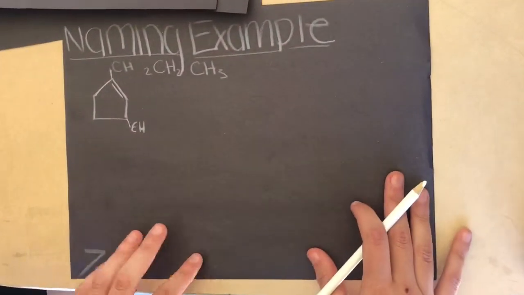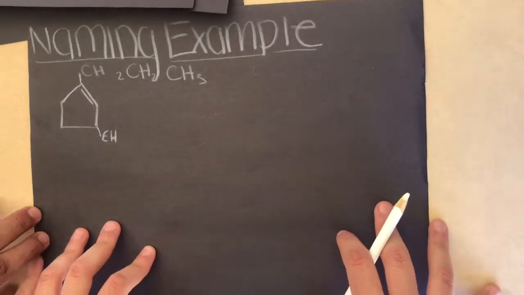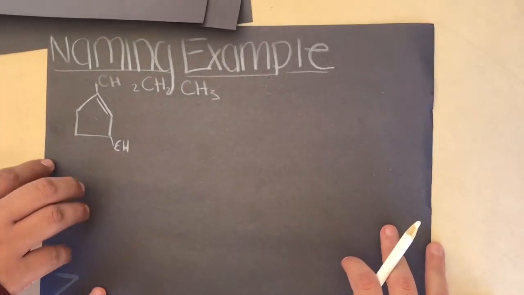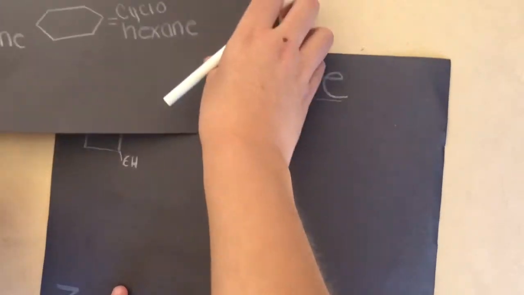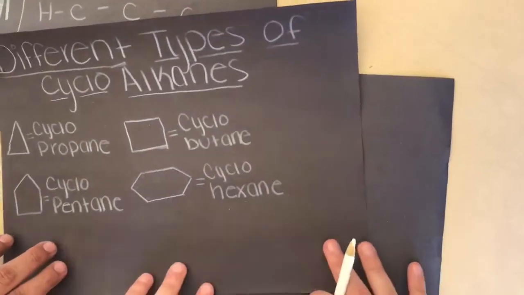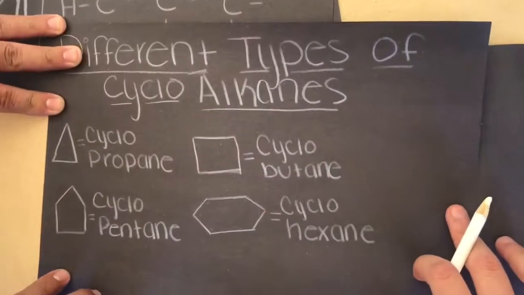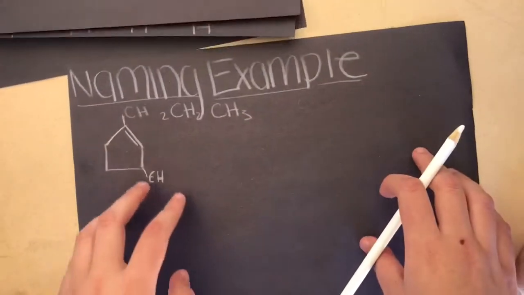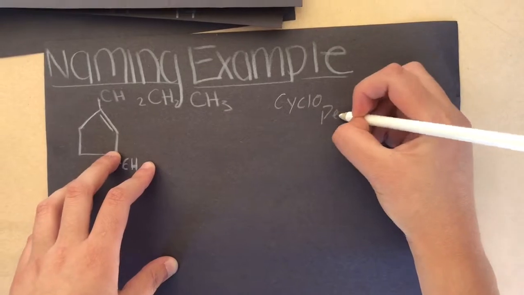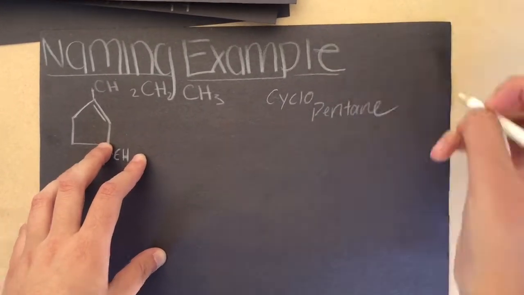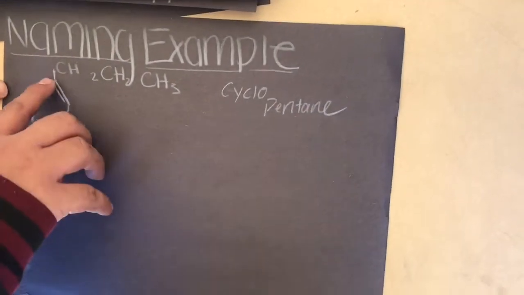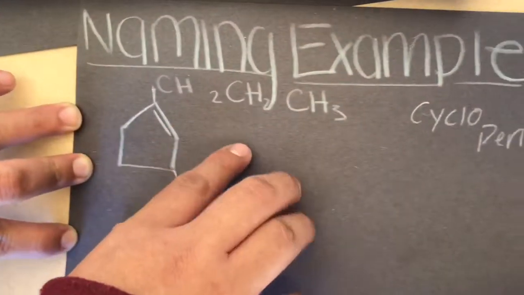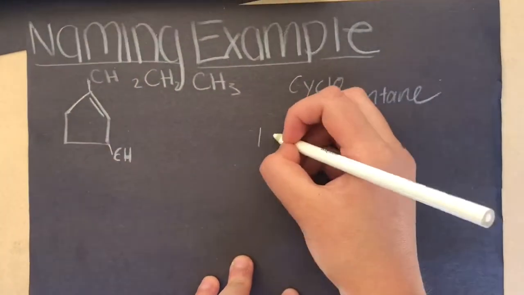Okay, so we are naming a cycloalkane. So we look at the shape and we look at a chart and we look at what looks like it. So that will be cyclopentane, which is 5 sides. And as you can see, it has a propyl branch right here, and it's on the 1.